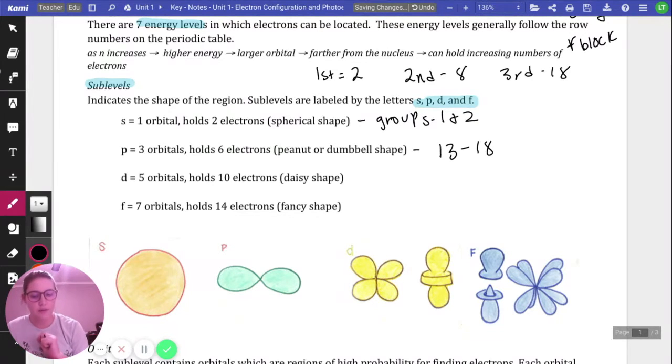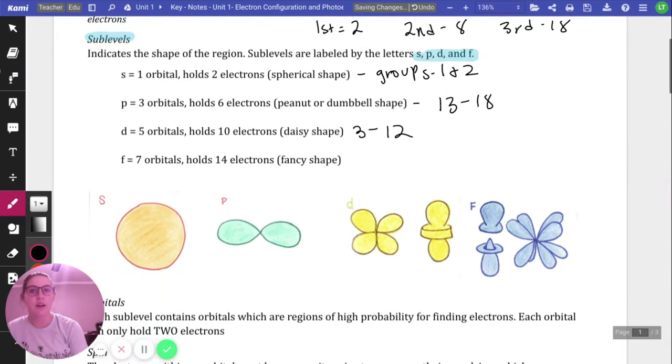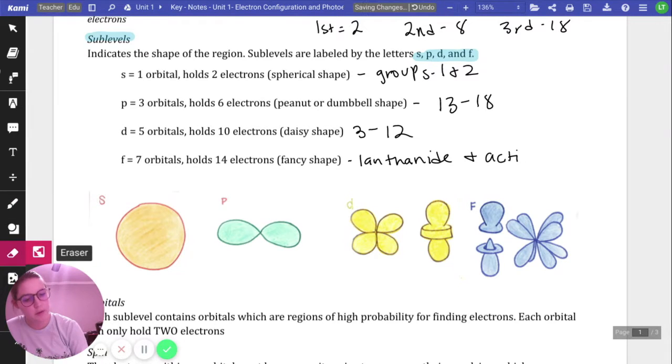I'm just going to write the numbers from here on out. Our D is 5 orbitals and holds 10 electrons. It's daisy shaped, and that is groups 3 through 12, our transition metals. And then finally, our F is 7 orbitals and holds 14 electrons, and that is our lanthanide and actinide series at the bottom of our periodic table.